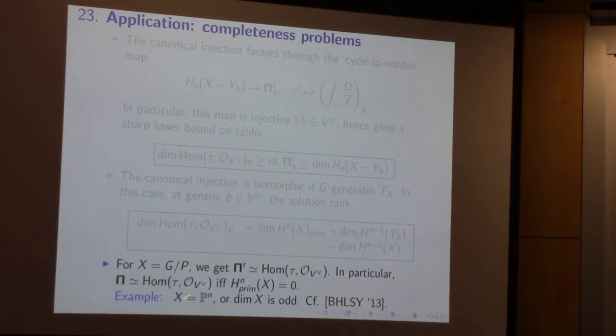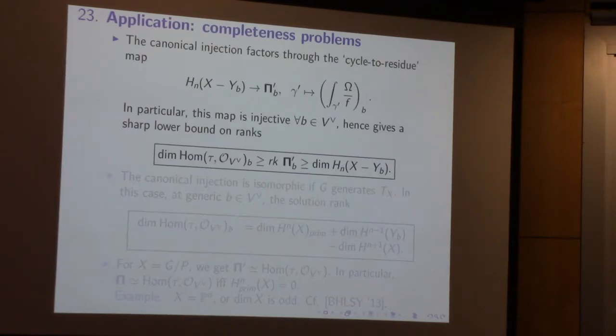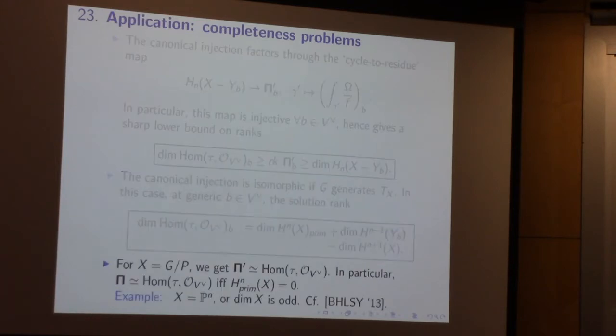Okay, again, let's specialize to the homogeneous space. Because of this equality, you see that this second inequality becomes an equality. And so you get two things for free. One is that the residue sheaf is now exactly the solution sheaf, which means that you solve half the Riemann-Hilbert problem for this case.